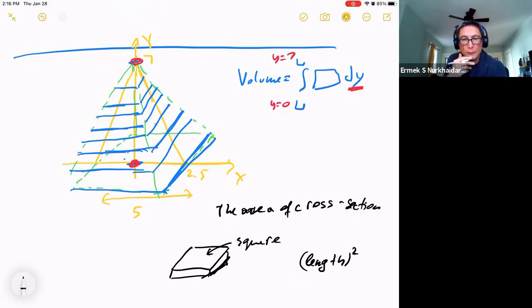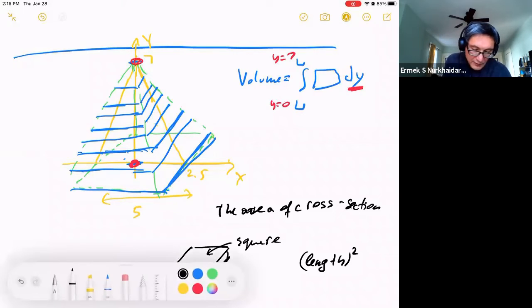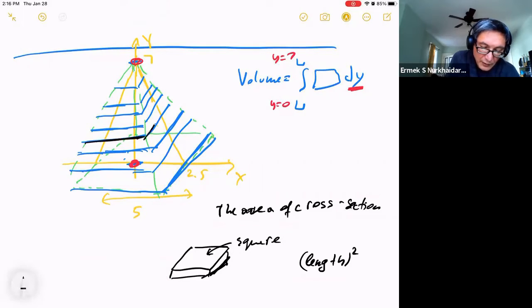Now let's look at one such cross section on our picture, and I will try to use black to mark it, so hopefully we'll be able to see it. It's right here, and you see that's the length.